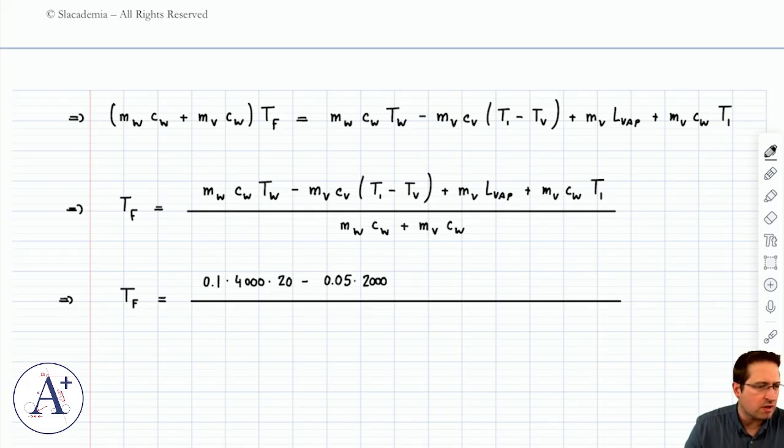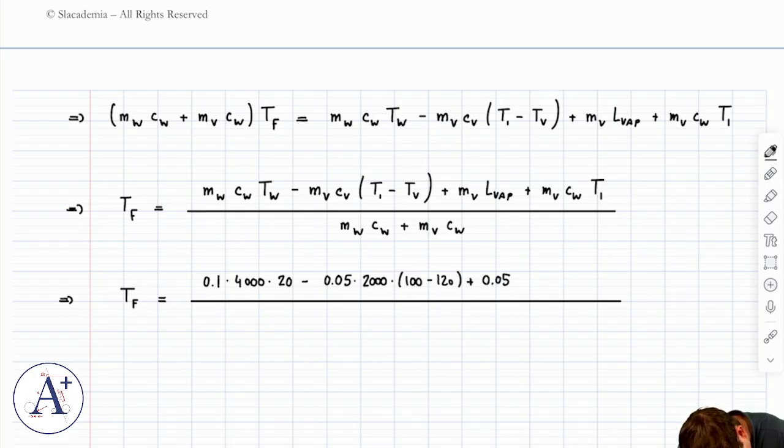Do I believe that? 2,000? Is that true? Yes, 2,000. Times 100 minus 120 plus 0.05 multiplied by 2,000 kilojoules, so 10 to the 3, plus 0.05, specific heat of water 4,000, T1 20.